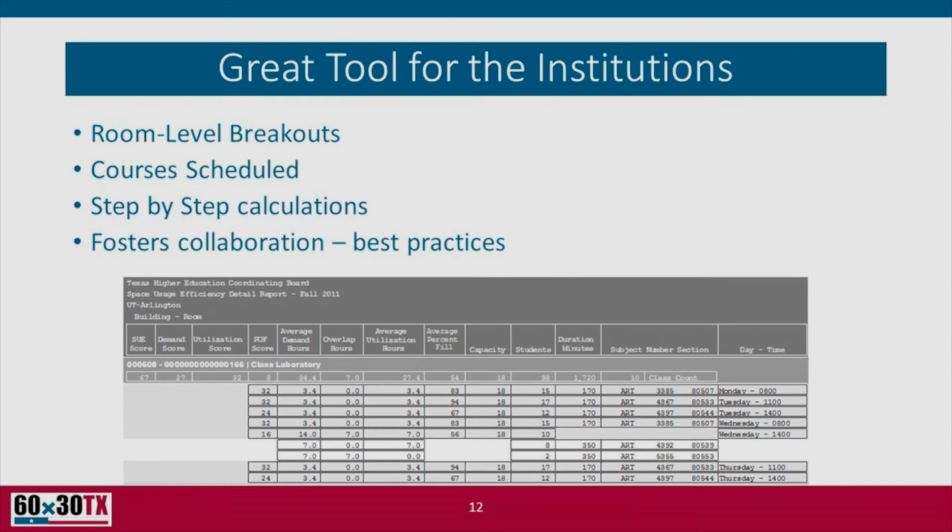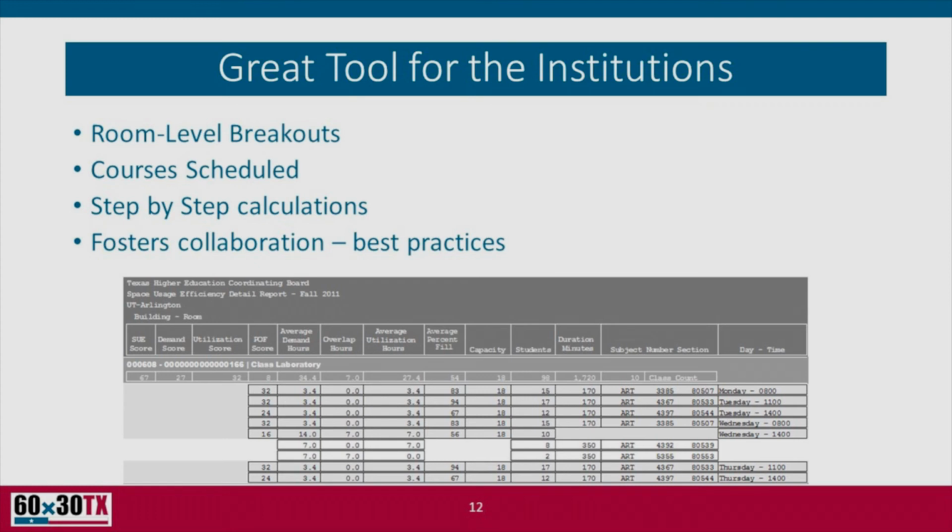The SUS score, as we calculate it, spits out the overall frequency chart that you saw, but it also spits out by building, by classroom, and by either class lab or classroom. It will give you all of the classes that are held in that particular room throughout that day.